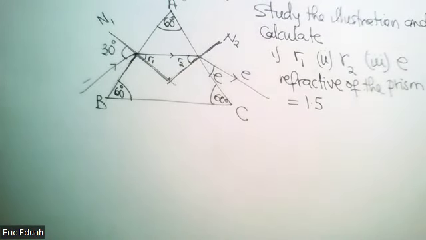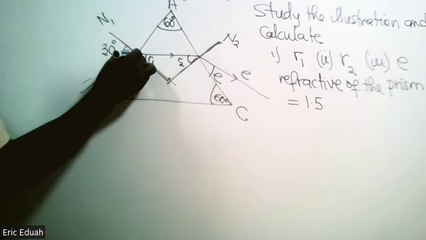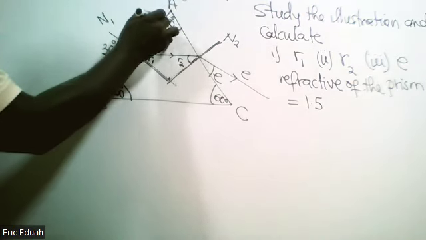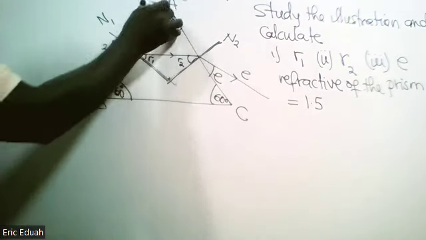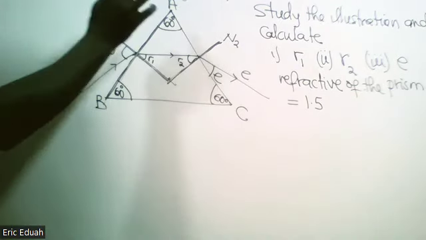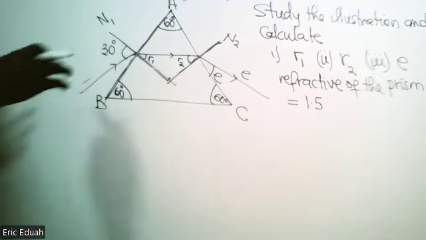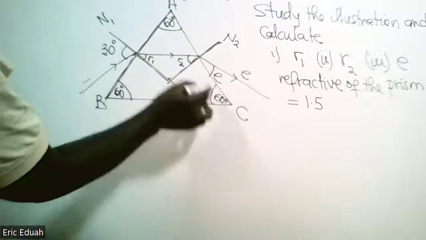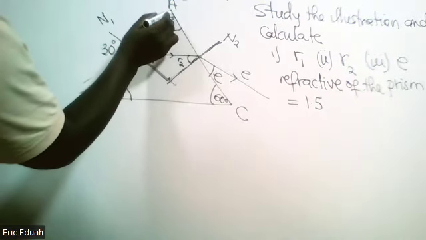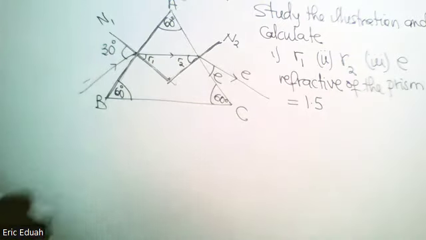We are first to determine R1, and R1 is the first angle of refraction with respect to the first refracting plane AB. R2 is the second angle of refraction with respect to the second refracting plane AC.